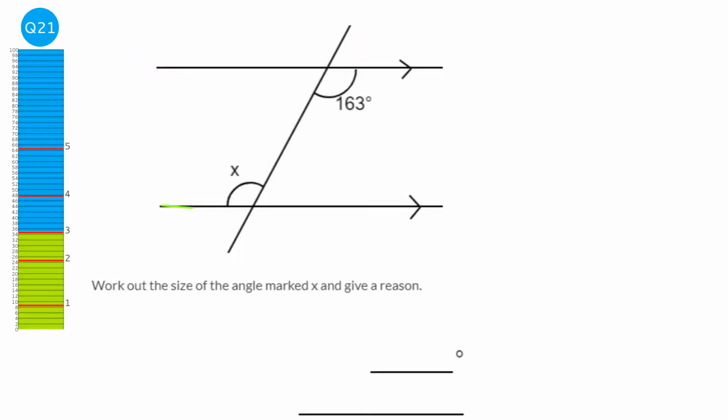Here we've got angles on parallel lines, and if I connect the angles up, you can see that it kind of makes a bit of a Z pattern there, and we know that Z angles are always equal, so x will be just 163 degrees. Now the key is figuring out the reason.